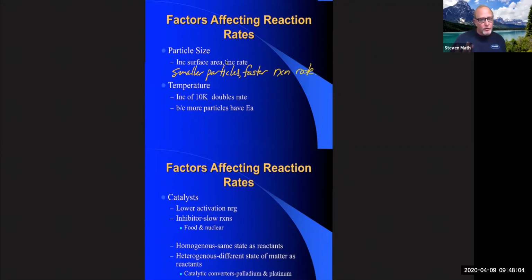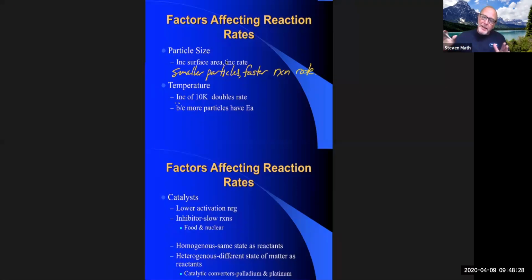Something else that's a general rule of thumb: if we increase the temperature 10 kelvins, we will double the rate. So if we go from 298 to 308 kelvins, 25 to 35 degrees, that's going to double the speed of the reaction. It's going to go twice as fast.